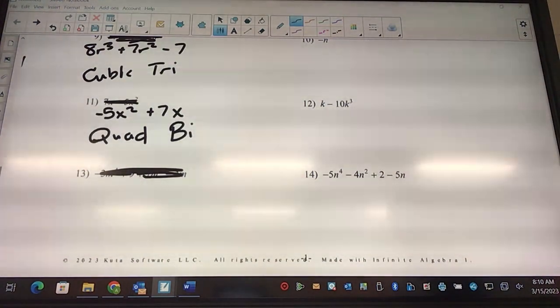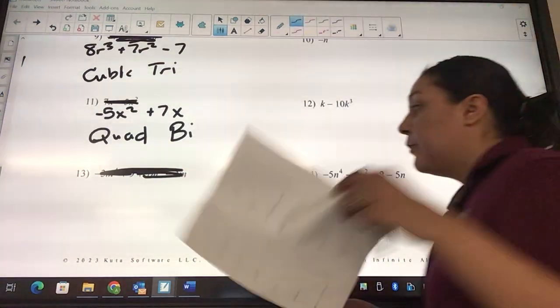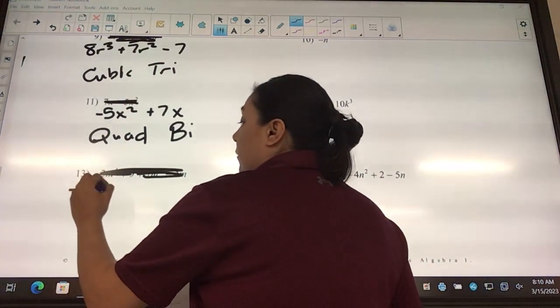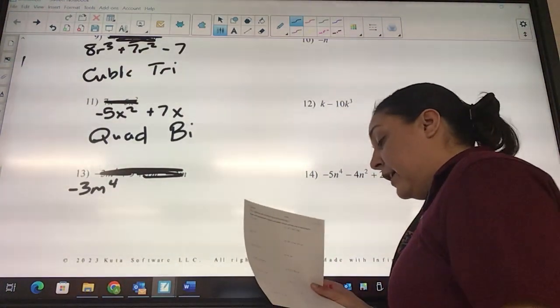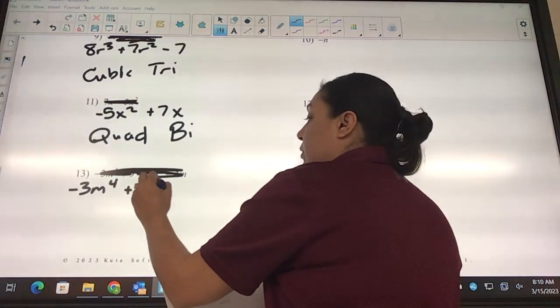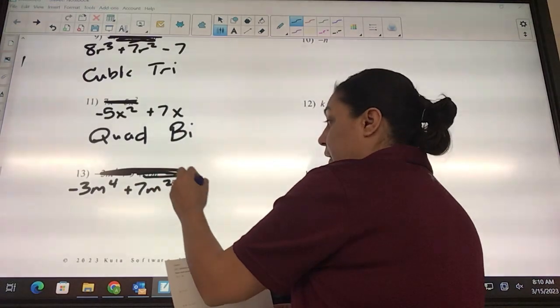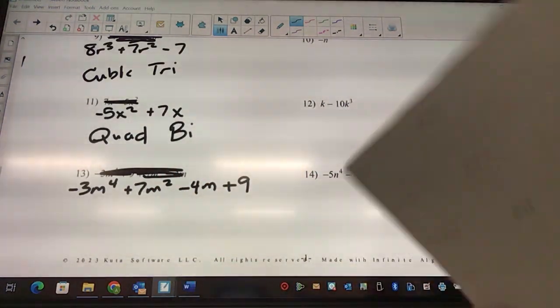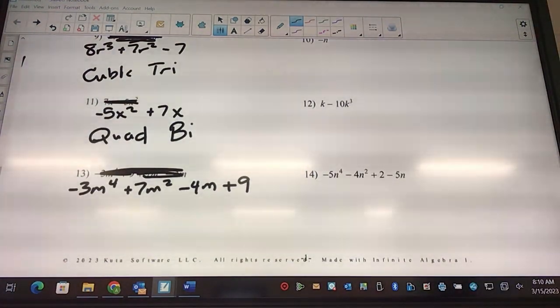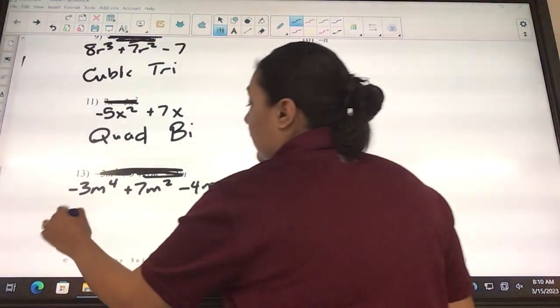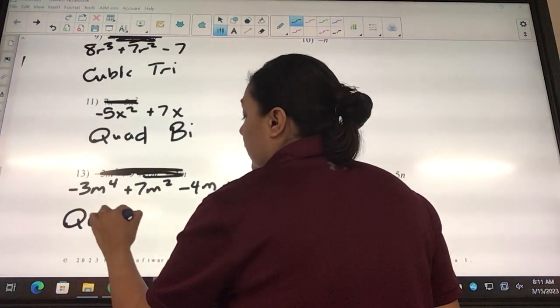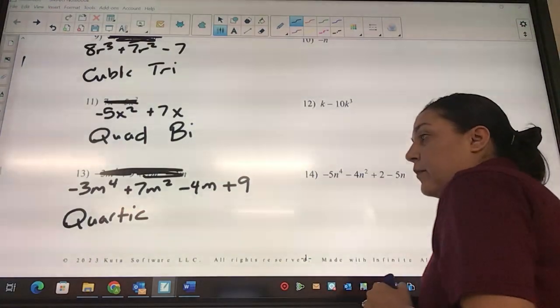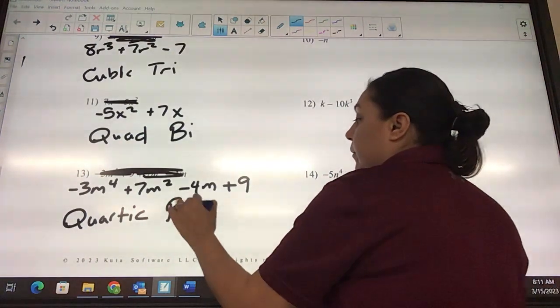Which one's coming first? Negative 3m to the 4th. And then we got plus 7m squared minus 4m plus 9. What's going to be our degree? Quartic. How many pieces? It's going to be a polynomial. Good.